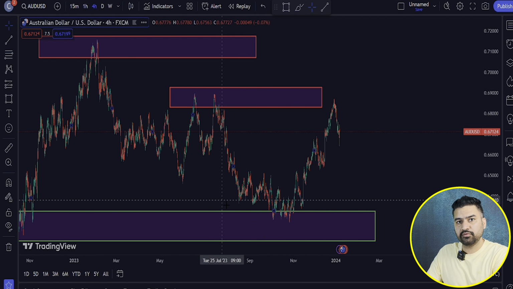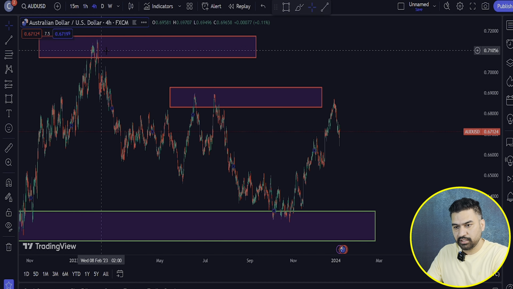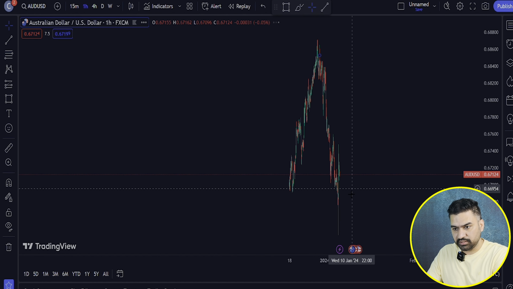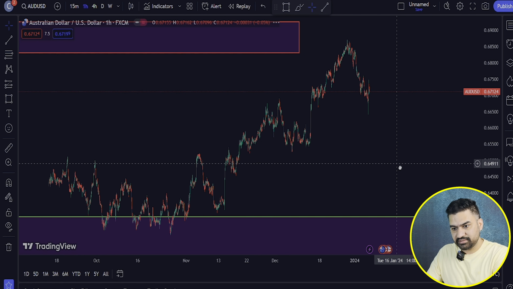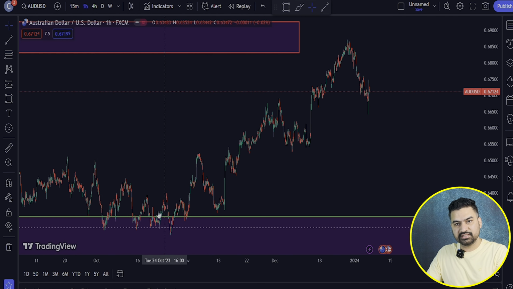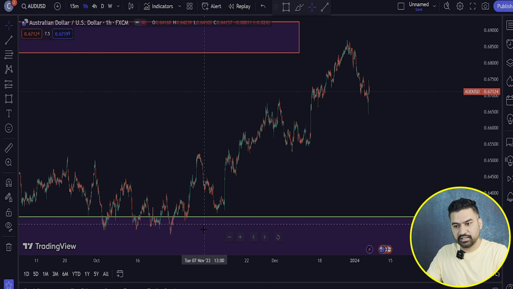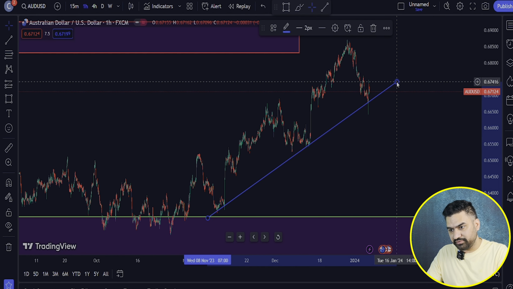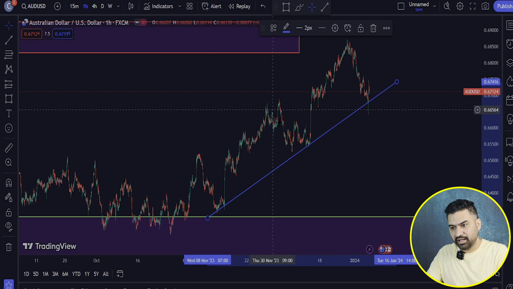Now if I change from 4 hourly to hourly as well, let's check what happened. I will click on the hourly one. You can see the same support. Whenever the price comes to this region, it gets support here and then starts going upward. You can clearly see this is an upward trend because it's making a higher low, higher low.